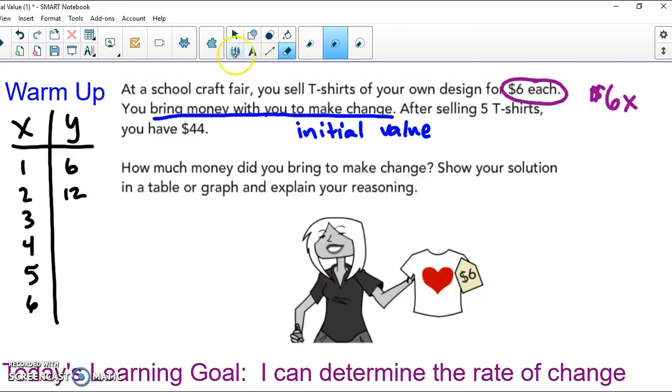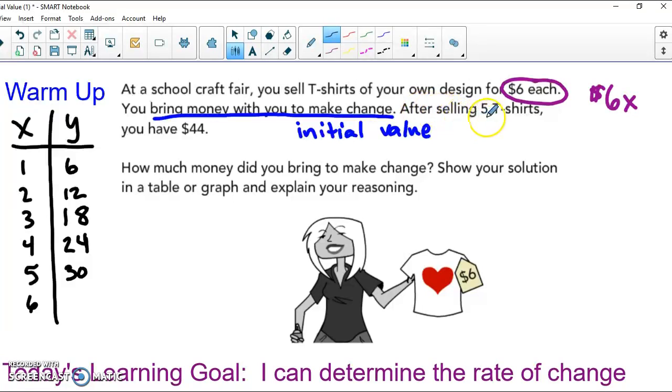When I sell 3 shirts, I should make 3 times 6, or $18. When I sell 4, 4 times 6 is 24. 5 times 6 is 30. So after I have sold 5 t-shirts, I should have made $30, and I can stop here.